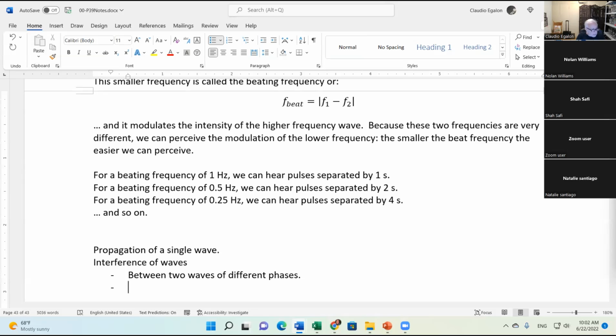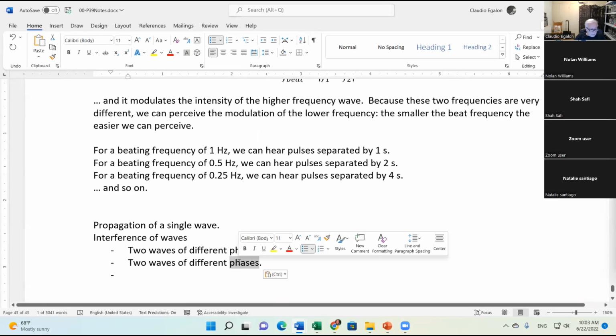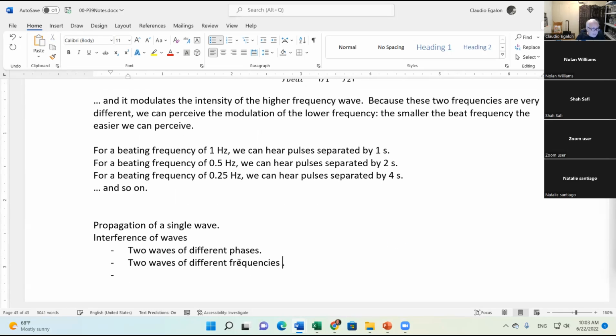But we also look at the interference of two waves of different frequencies. That's where we get the beating. And now we're going to look at the Doppler effect.